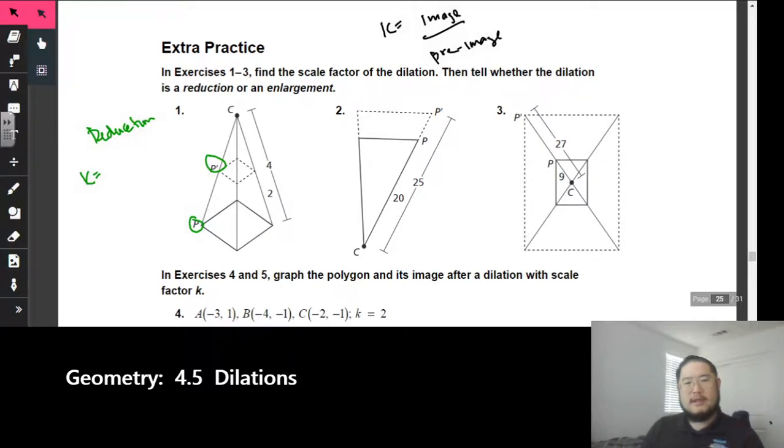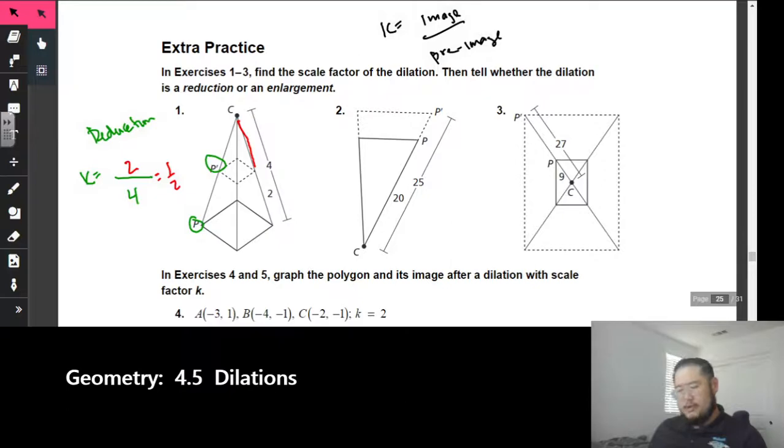Okay, and then that's our pre-image. So down here we put 4. My image happens to be this amount right here, which would be 2. So we have 2 out of 4, and we have 1/2. And it makes sense because remember, if I have a reduction, k needs to be less than 1 and greater than 0. And there we have it. 1/2 is less than 1 and greater than 0.